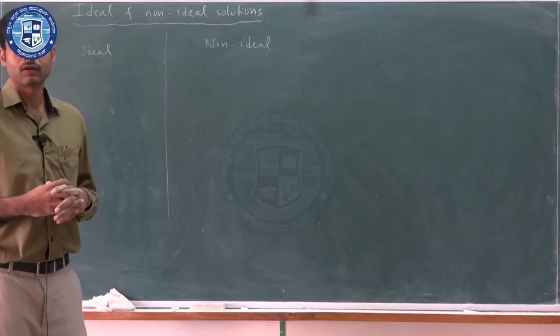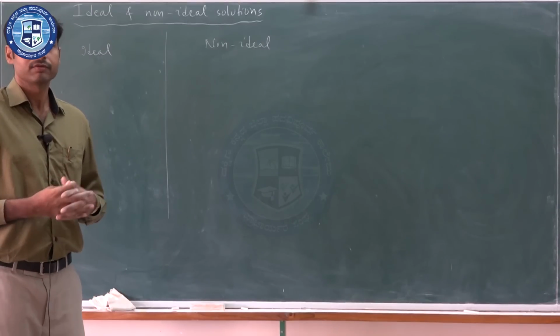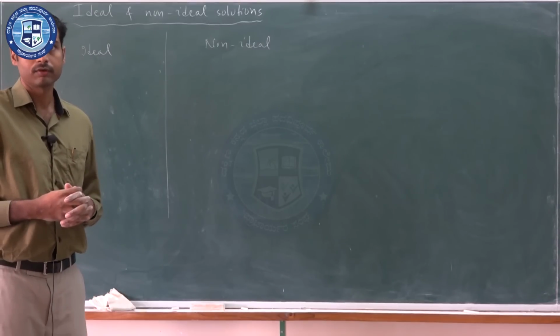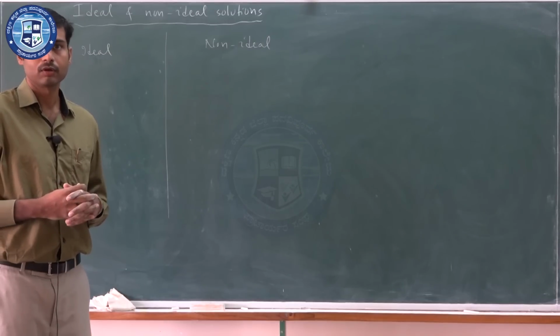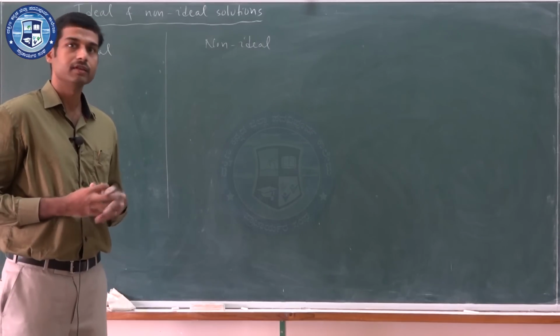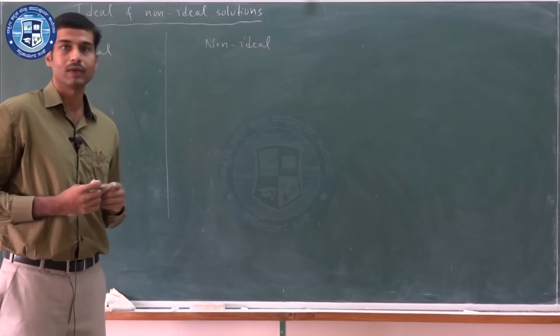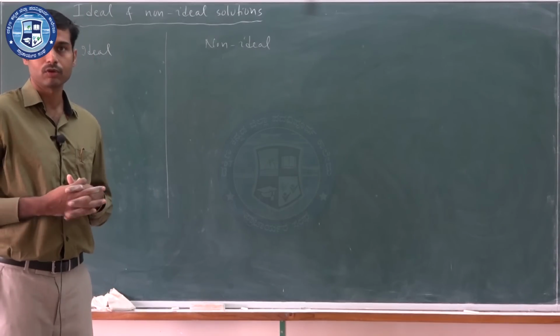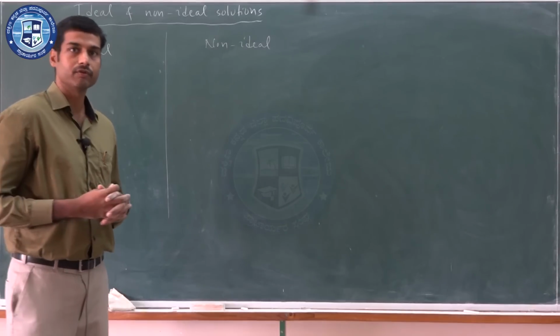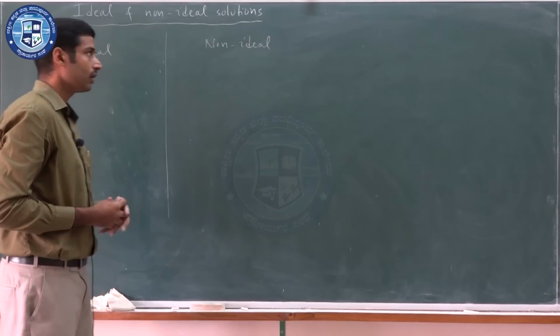Let us take up this section on ideal and non-ideal solution. We have seen Raoult's law, and if any solution obeys Raoult's law over the entire concentration range, then such a solution will be referred to as an ideal solution. But if a solution does not obey Raoult's law, then such a solution will be referred to as a non-ideal solution.